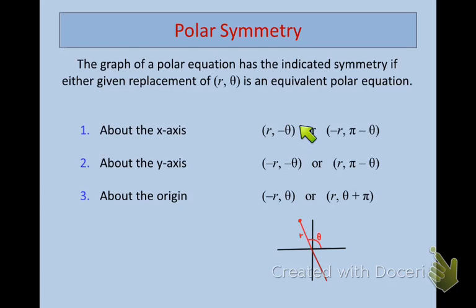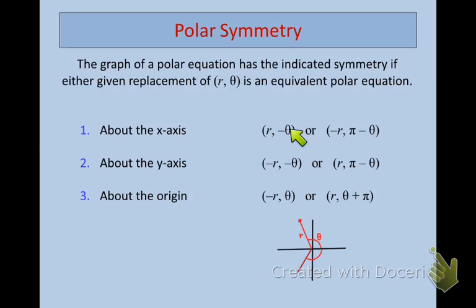Similar if you look up here, so let me do that one really quickly. Let's take a look at the first one. If I replace theta with a negative theta, that takes me down here, doesn't it? Because it's going to map out that theta in this direction instead. So you can see how that gives you symmetry about the x-axis.